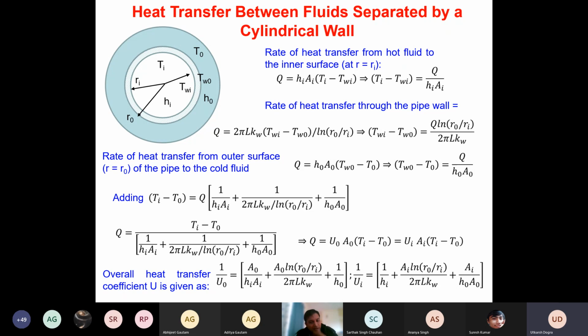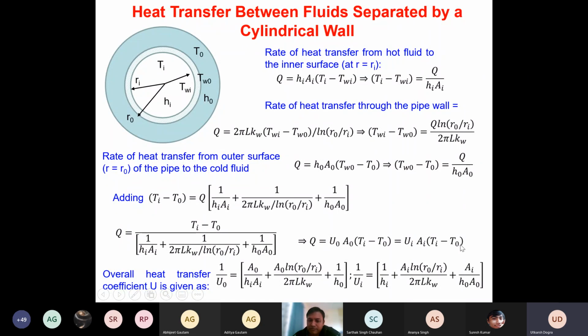Yes, sir. And if we define this U as the inside overall heat transfer coefficient in terms of inside surface area, then it is going to be UiAi. So it depends on how you are defining U, whether with respect to outside surface area or inside surface area. And note down that U naught A naught is the same as UiAi.